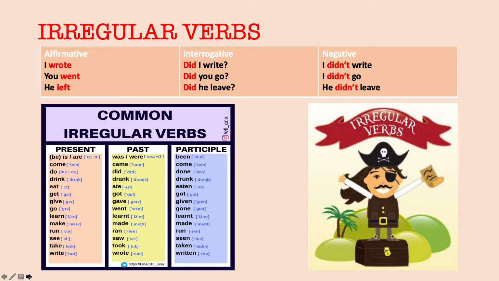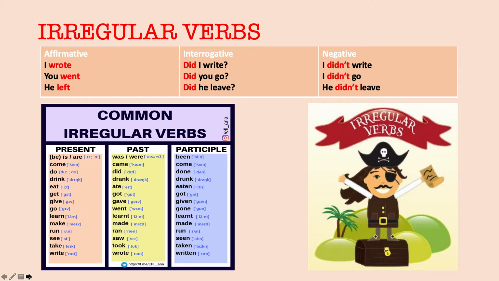So now how can you learn the irregular verbs? It's not as easy, and you can look at a list of irregular verbs, such as this one, a list of common irregular verbs, and learn 5 verbs each time.